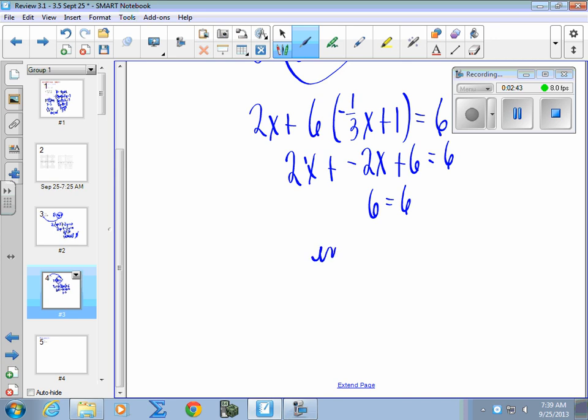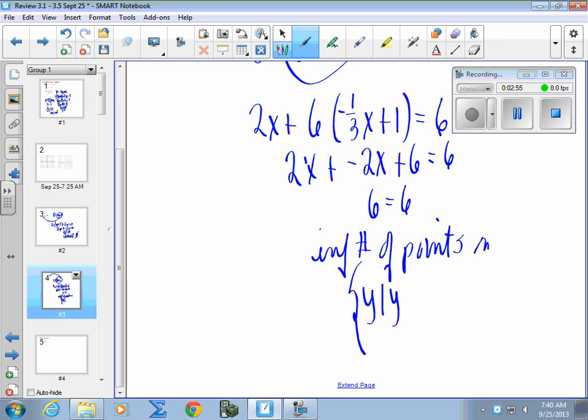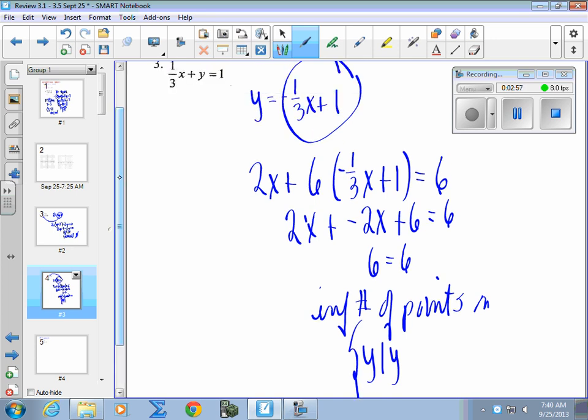So this is an infinite number of points on the line y, such that y is equal to negative 1/3 x plus 1. It is consistent and dependent.